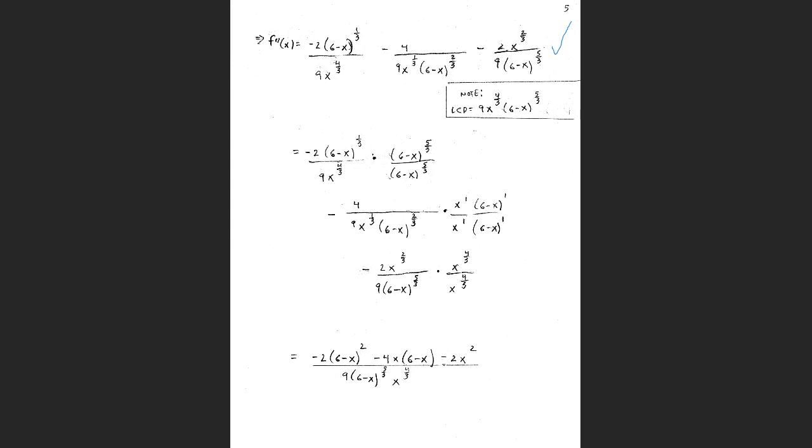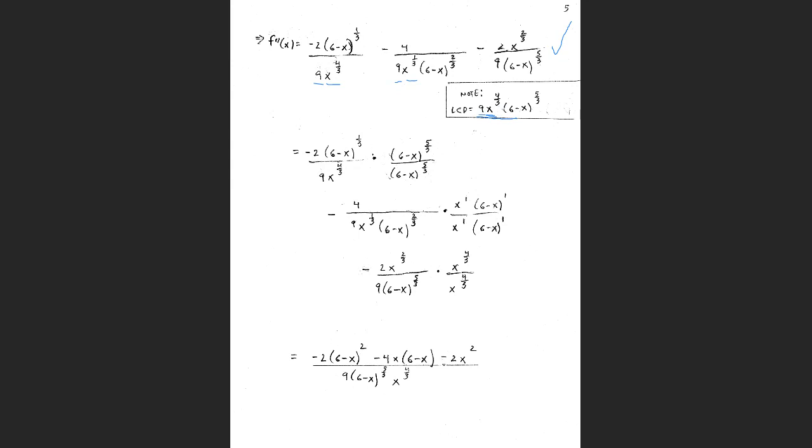The least common denominator, we know there's going to be a 9. And then of the x portions, we have x to the 4/3 and x to the 1/3. Well, x to the 4/3 is a higher power, so that's going to be in the least common denominator.